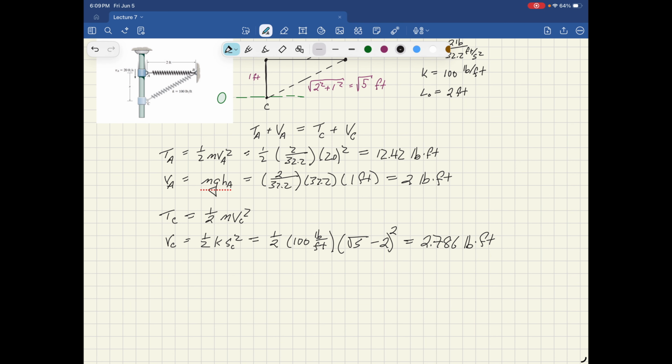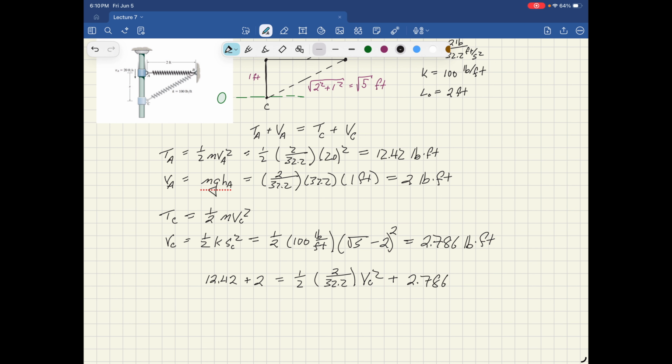Okay, so we just need to write out the conservation equation here. T_A will be 12.42 plus V_A, which is 2, and this is going to equal 1/2 times the mass, 2 over 32.2, times v_C squared, plus V_C, the potential energy, which is 2.786. Sometimes we have problems with the alphabet here.